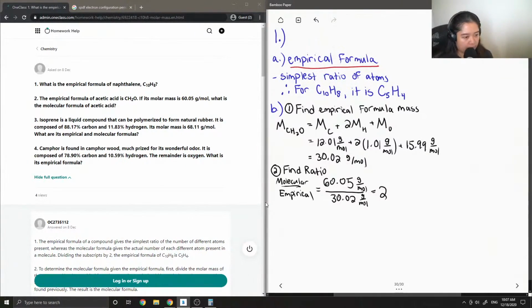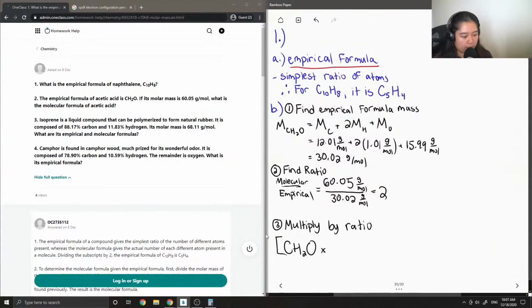So now for step 3, we just need to multiply by the ratio. Our empirical formula was CH2O.